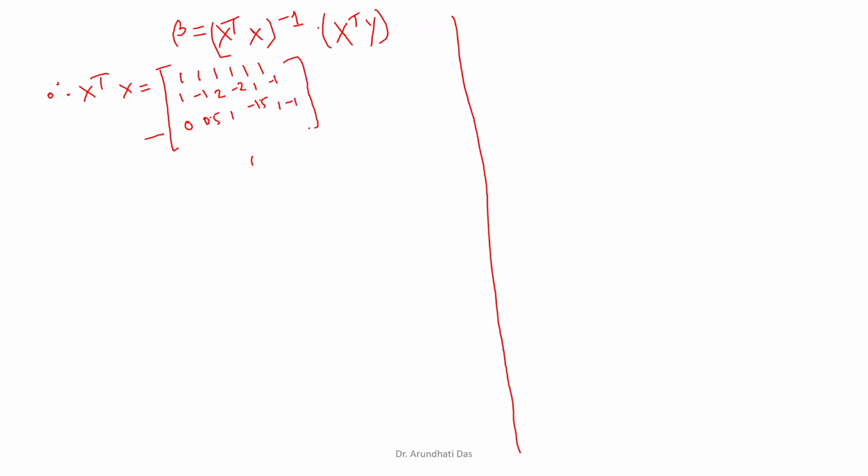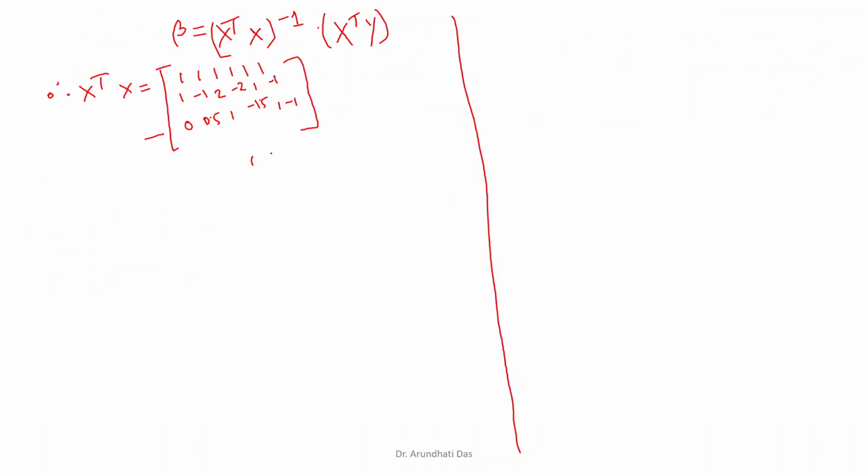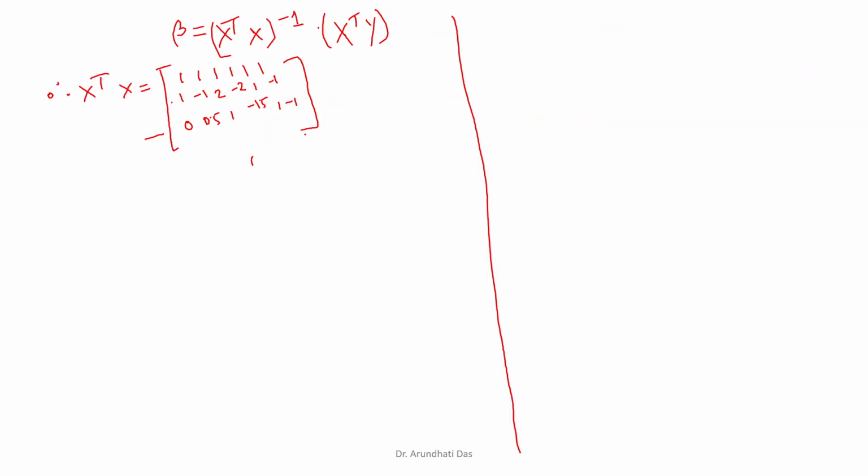So how did we get that? The first row is the first column from this matrix because I have taken the transpose. The second column becomes the second row here, and the third column becomes the third row here.